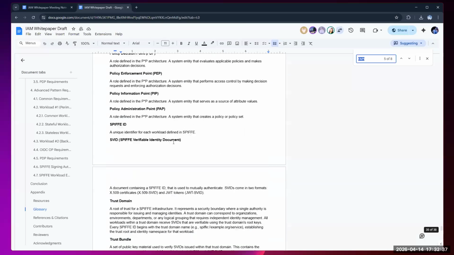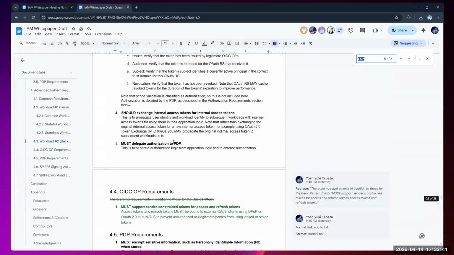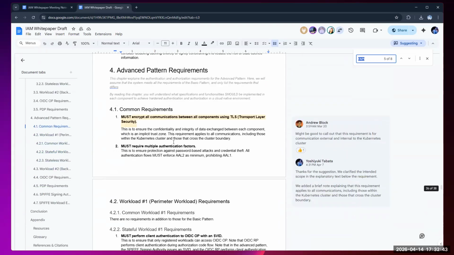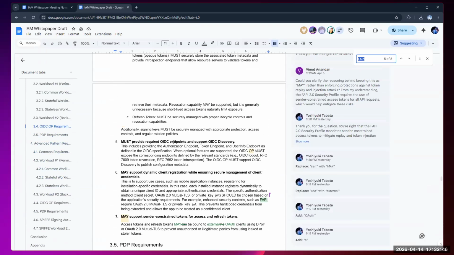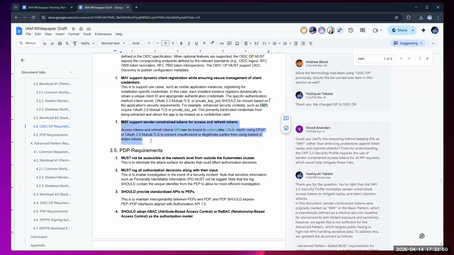Yeah, so in several parts we refer to the FAPI. And previously, we wrote this requirement as this.